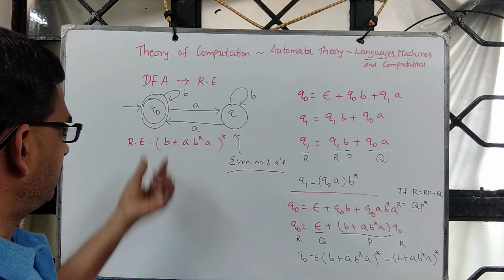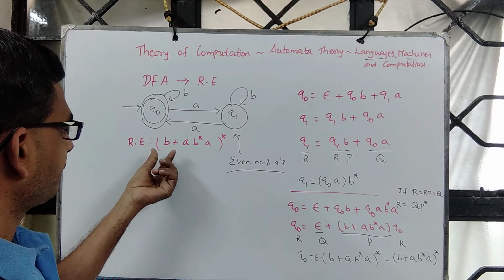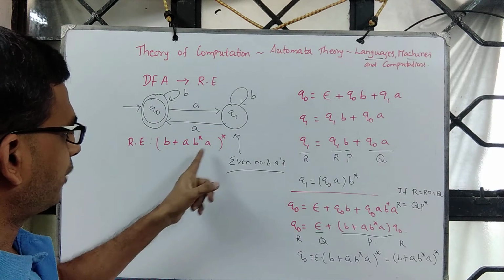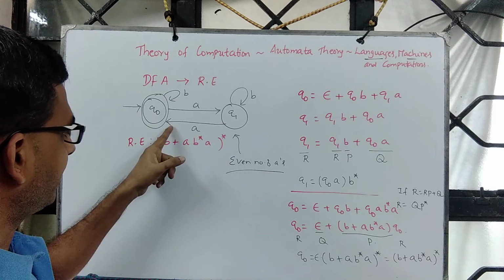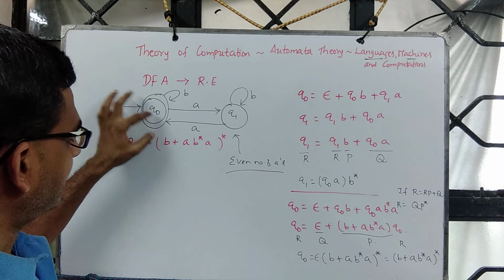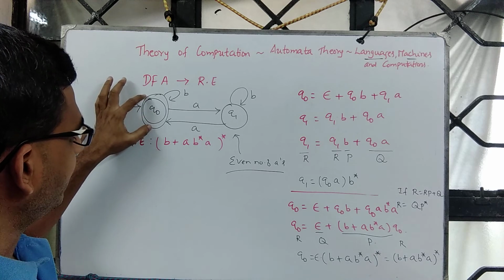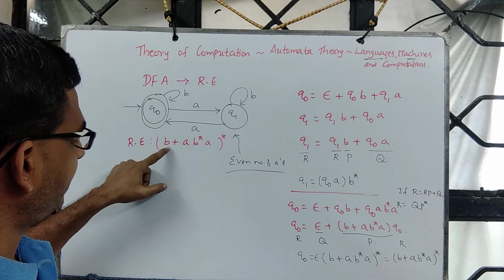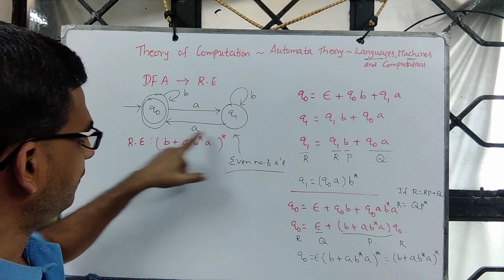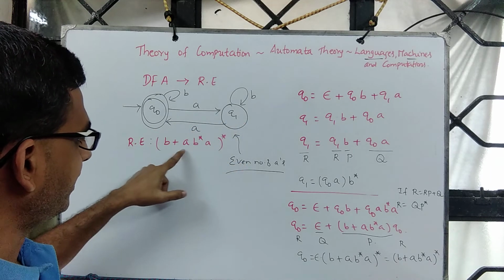It may contain just B's, or it may contain B followed by A, followed by B, followed by A, and followed by B. So prefix and suffix can be B star, that is given by this. The moment you read A, you may read B star followed by another A, that is given by this.